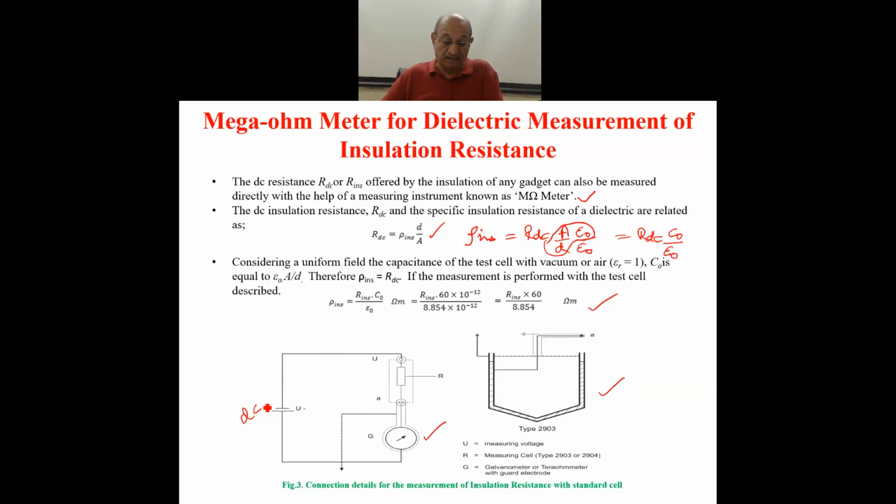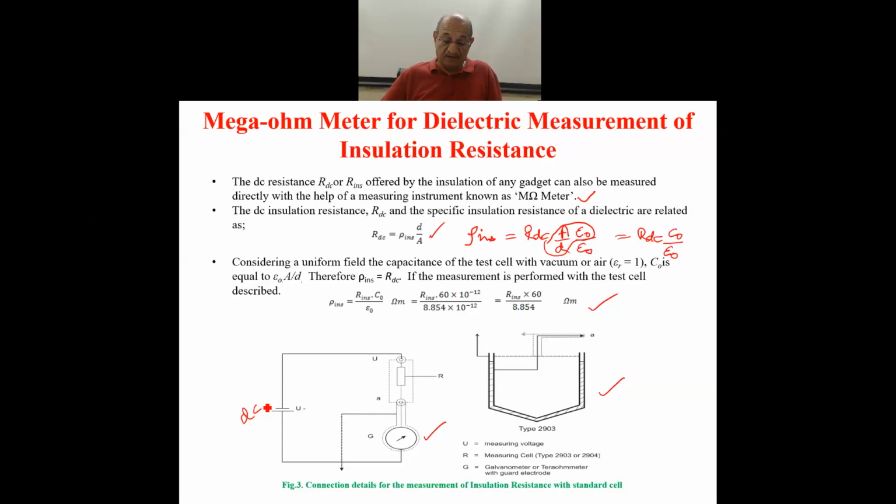It works up to 1000 volts. This instrument works up to 1000 volts. It's not written here, but you can choose the application of the voltage on the dielectric, which is variable up to 1000 volts.